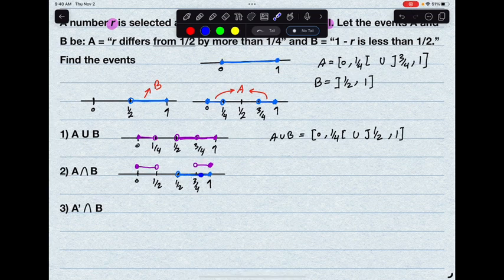This part is the only common part between A and B, from here to here, which is exactly the right part of A. So A intersection B is going to be 3 over 4 not included to 1 included.